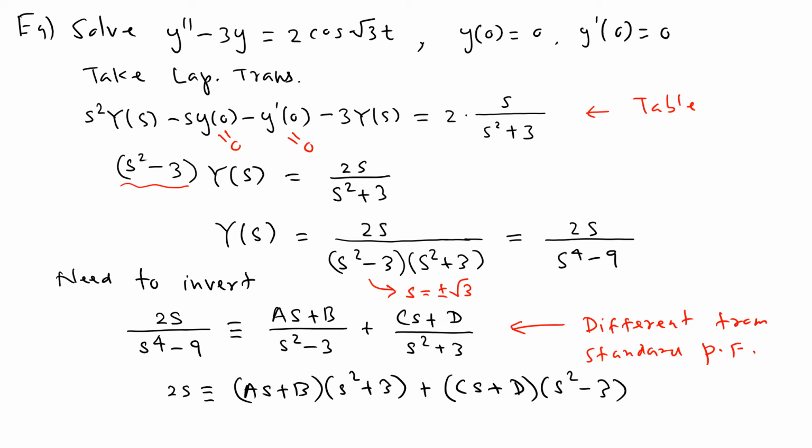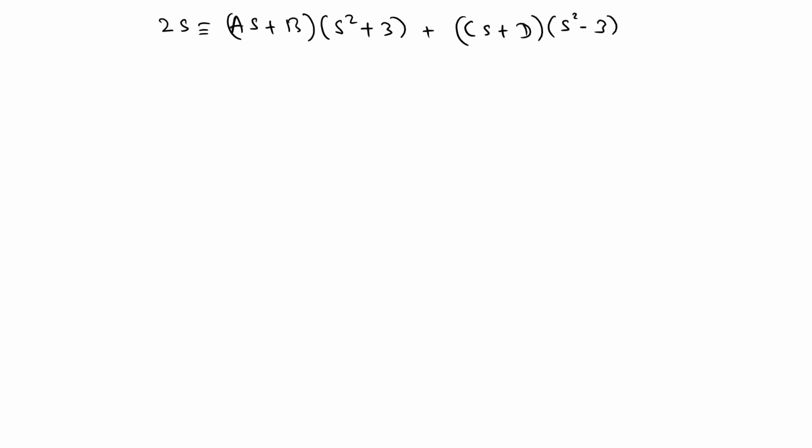We're going to use those techniques to find A, B, C, D. Okay, so let's do that. What we have is 2s equals As plus B times s squared plus 3, and then we have Cs plus D times s squared minus 3.